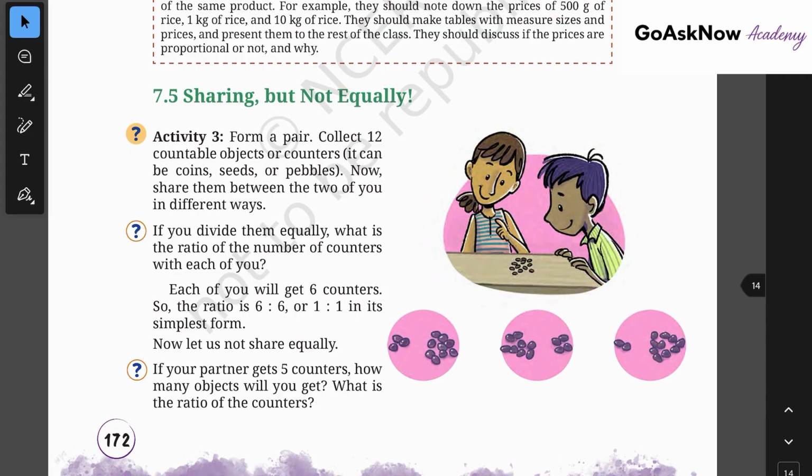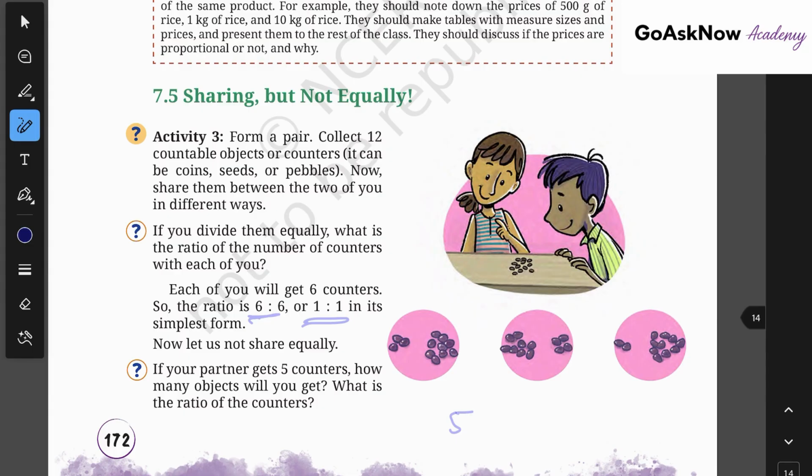So the ratio between you and your partner is 6 to 6, which is simplified into 1 to 1. Now let us not share equally. If your partner gets 5 counters, how many objects will you get? What is the ratio of the counters? So if your partner gets 5, you have to get 7, since 12 minus 5 is 7.